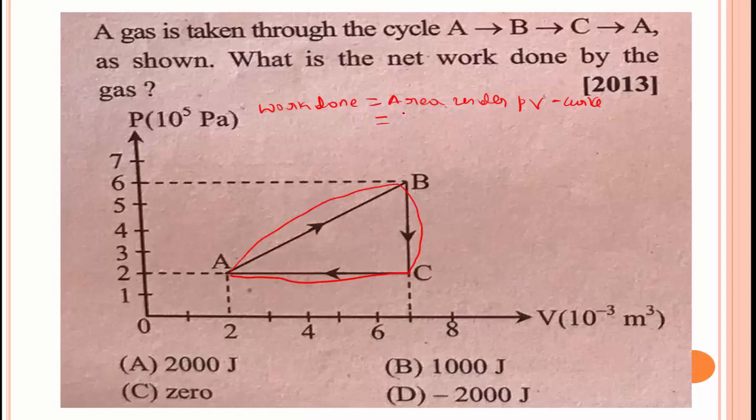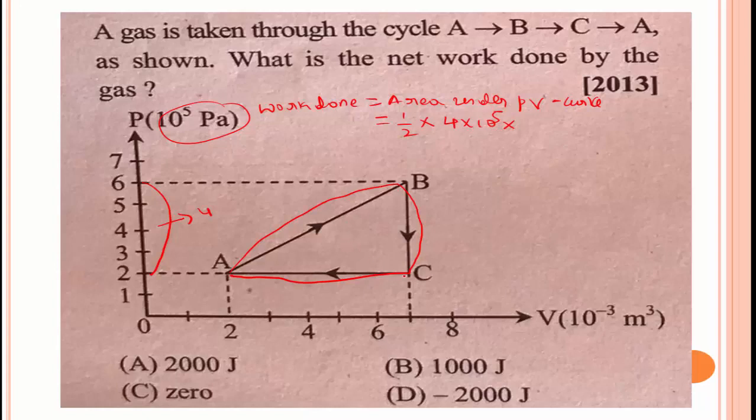We know the formula, 1 by 2 into base into height. The height is 6 minus 2, that is 4, in the order of 10 to the power of 5 Pascal. So 4 into 10 to the power of 5.